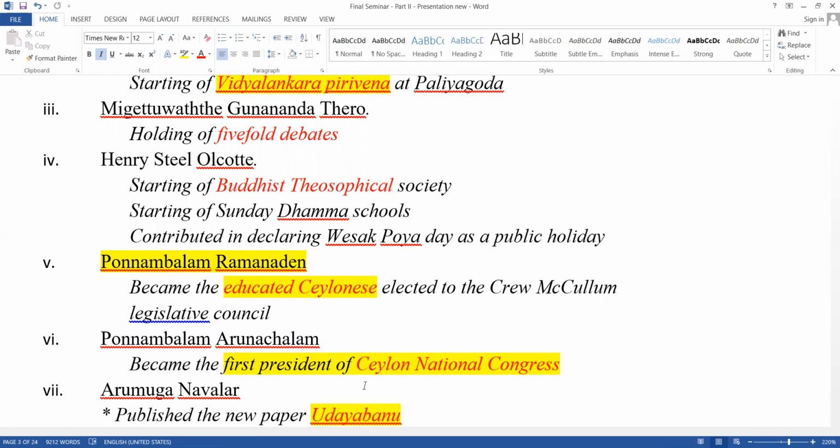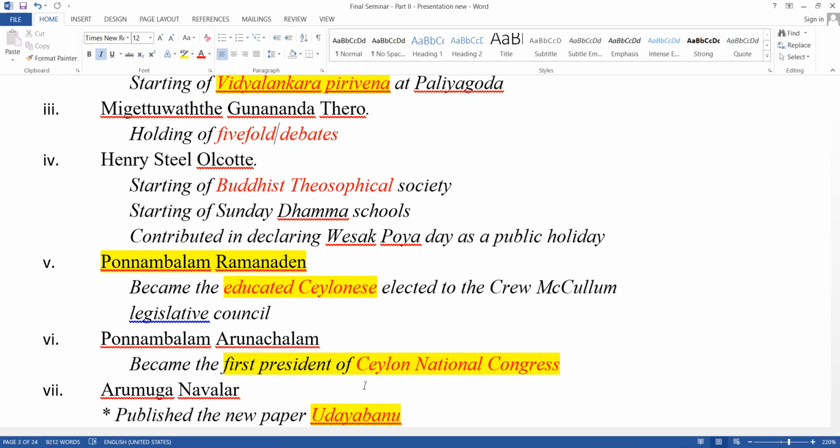But the difference between the Ceylon National Congress and the Lanka Congress, okay. The Ceylon National Congress was started in 1919 to get the contribution of all communal groups for the struggle for freedom. The Lanka Congress was actually started before, by planters and the middle class people in Sri Lanka.